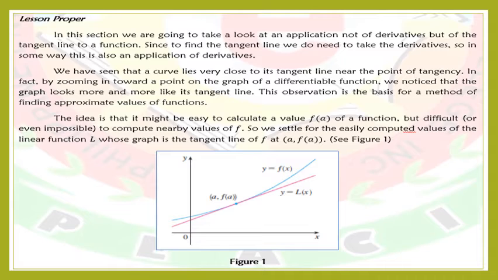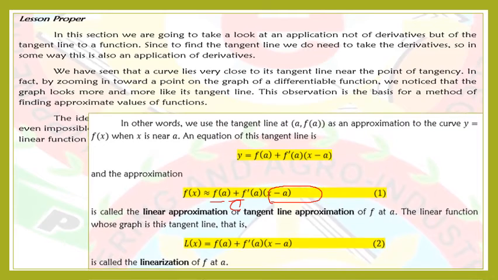So in this figure, etong pink na line, yan yung linear function L natin, which is yung graph niya is tangent to this function y equals f of x at this point. So eto yung point of tangency nila, sa point na (a, f(a)). In other words, we use the tangent line at the point (a, f(a)) as an approximation to the curve y equals f of x when x is near a.